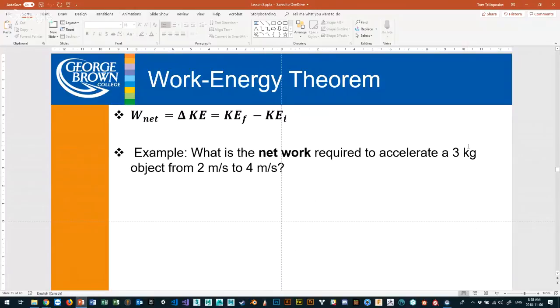So a 3 kilogram object from 2 meters per second: 1/2 times 3 times v squared, v squared is 4, that gives 6. Then we're moving to 4 squared, which is 16, times 3 times 1/2, that's the final, right? That's how you take the 1/2 mv squared for this one and 1/2 mv squared for this one, and you get the change in kinetic energy, which is the net work that's being done. Does that make sense?